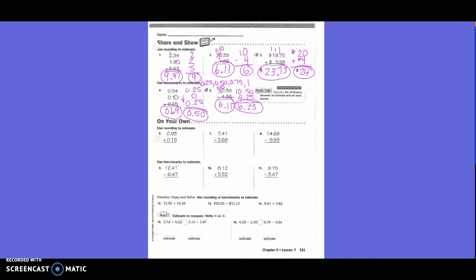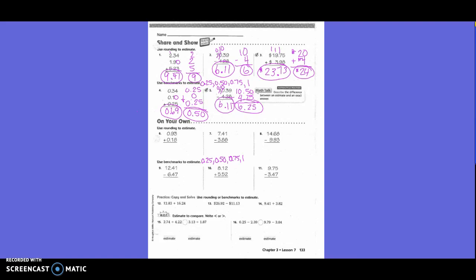Don't forget when it says benchmark that you need to write 25 hundredths, 50 hundredths, 75 hundredths, or 1. So you need to write all of those so you remember that that's what you're using for your benchmark ones.